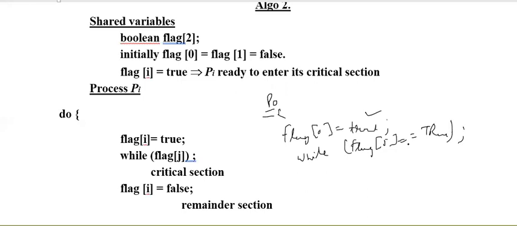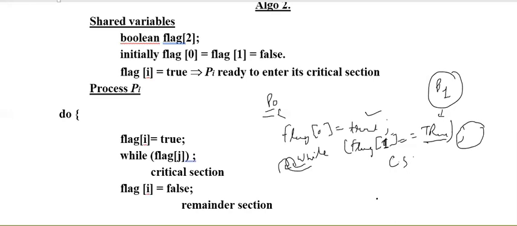If the next process, let's say flag 1, if the p1 process has raised its flag to true, then I am not going to enter the critical section. I am going to keep looping here. If the next person is not interested, then definitely I am going to enter the critical section.